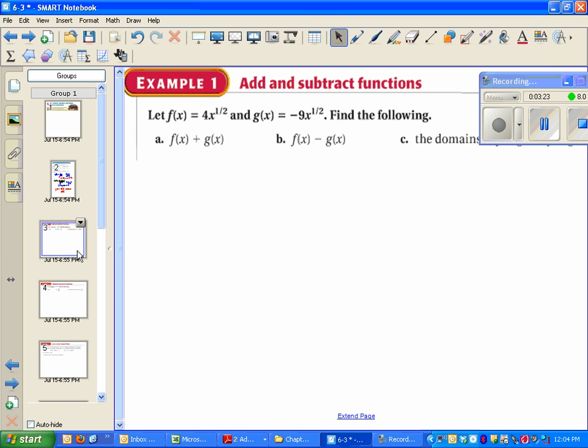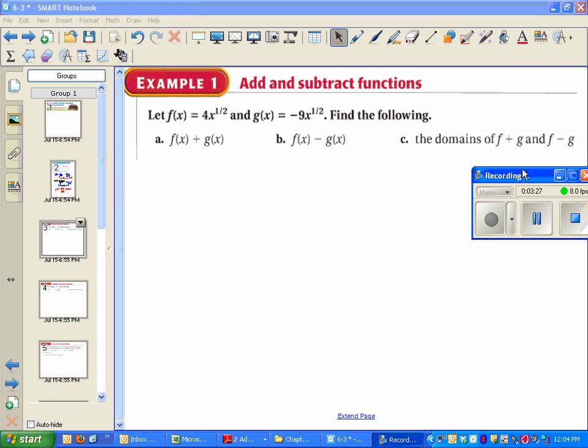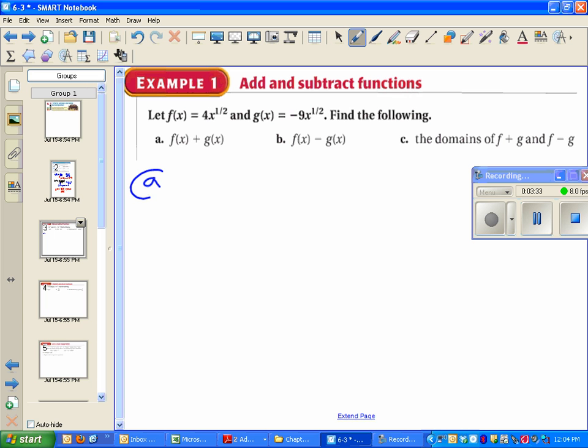All right, so for example 1, we're going to just do addition and subtraction, and then we're going to find the domain. So for example 1, or example A, we're going to substitute f of x is equal to 4x to the 1/2 power, and g of x is equal to -9x to the 1/2 power. For part A, we're adding them.